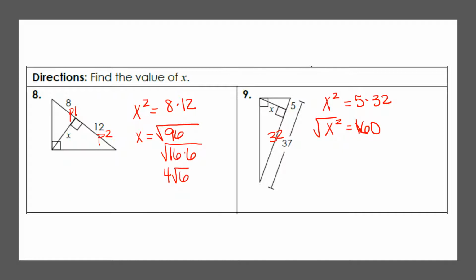Take the square root of both sides. So x is the square root of 160. I know I can divide out a 16, so let's make it the square root of 16 times 10, which is going to be 4 radical 10.